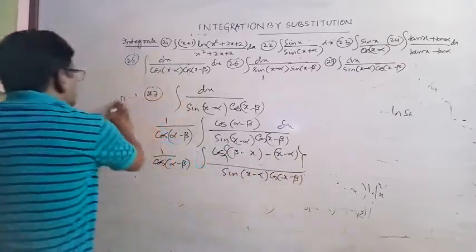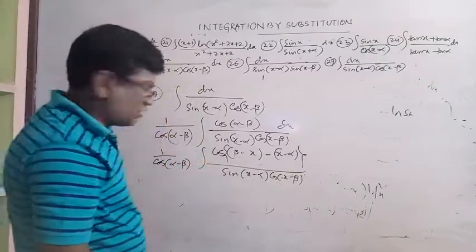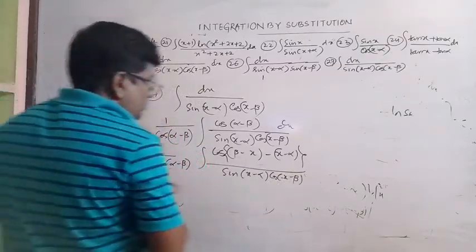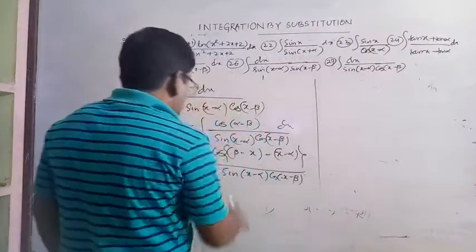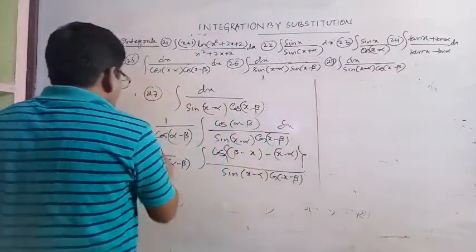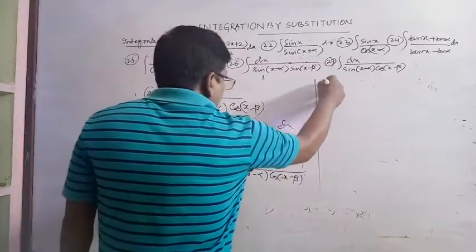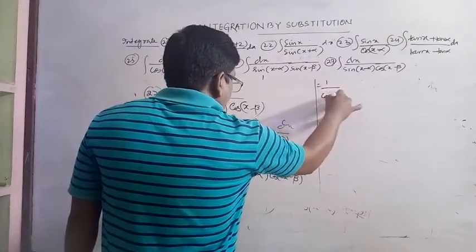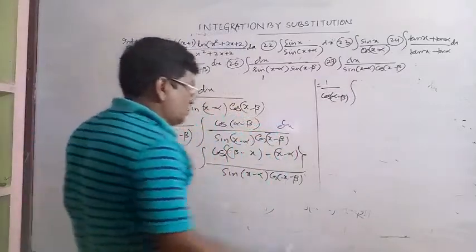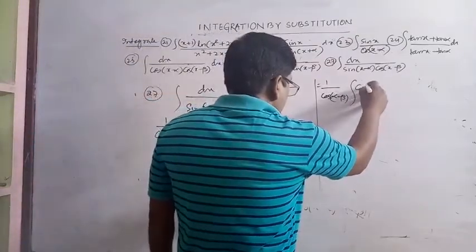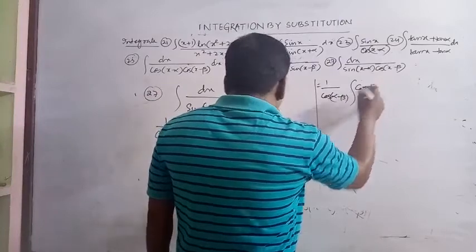Apply the formula cos(a − b). So 1 by cos(alpha − beta).